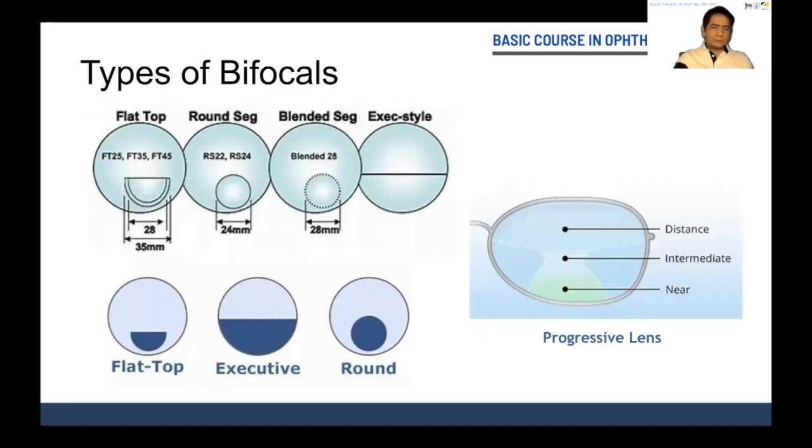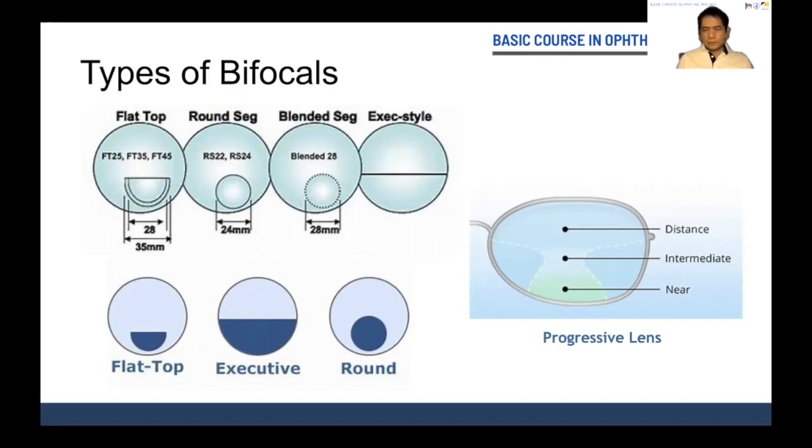So these are the types of bifocals that you can prescribe for presbyopic patients. The one on your left with line and curve shape is the flat top. The middle portion is the executive, dividing the lens into upper and lower portion. The upper being used for distance, the lower for reading, and you have the round segment, or sometimes they call it a Kryptok.